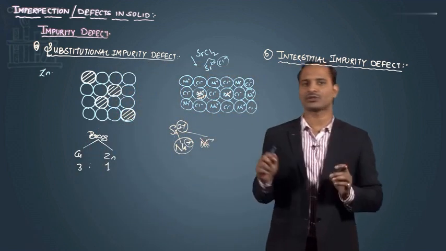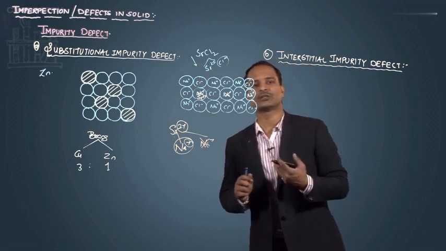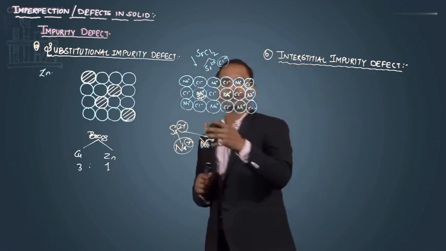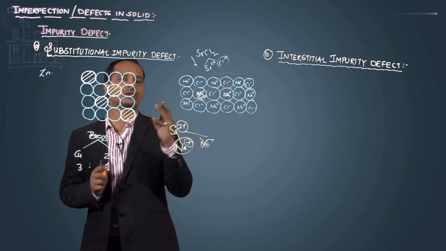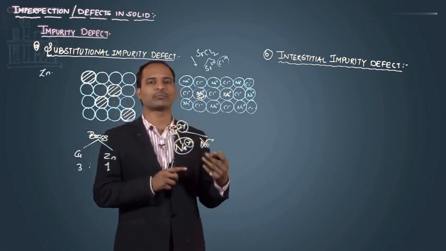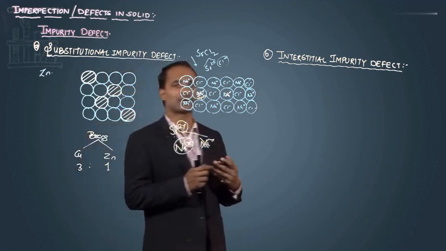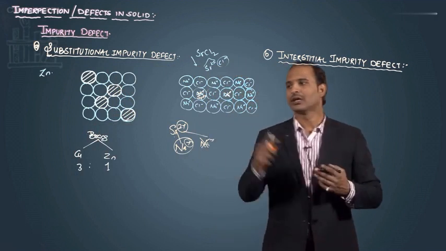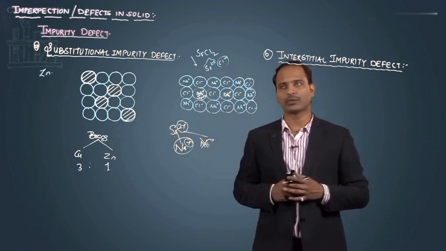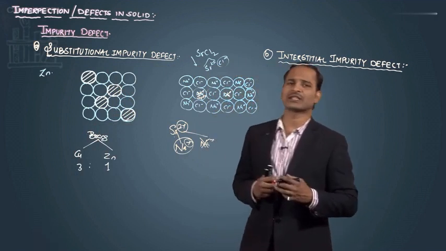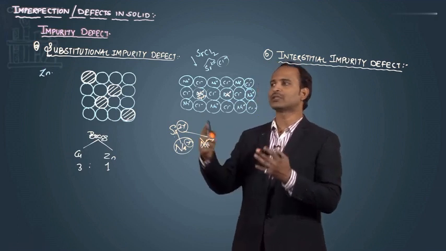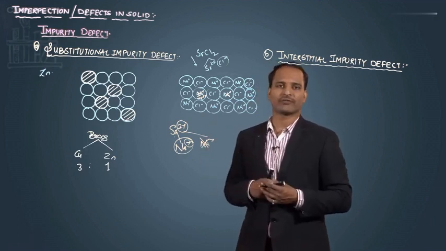Because of the addition of strontium, a vacancy has also been created, and this solid has been converted into a non-stoichiometric compound, because the ratio of cations and anions has changed as some cations are fewer in number. So some examples of substitutional impurity defect come under non-stoichiometric defects also.